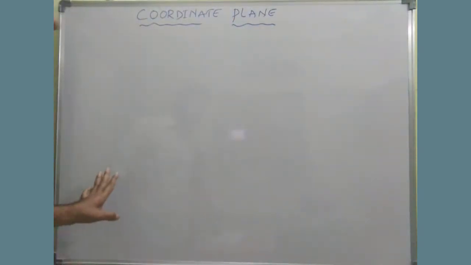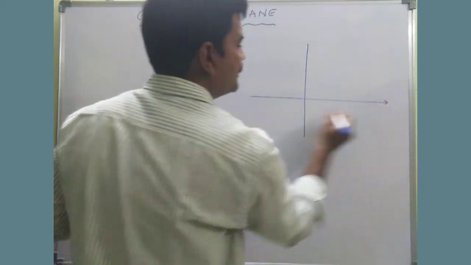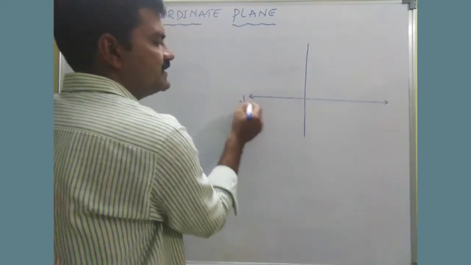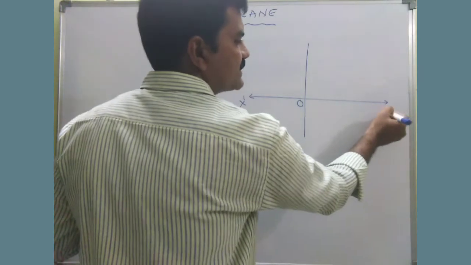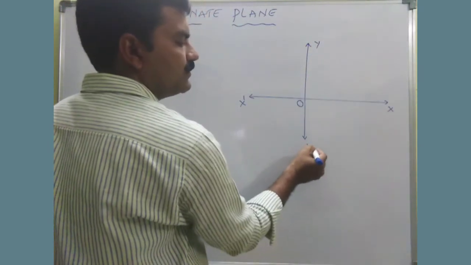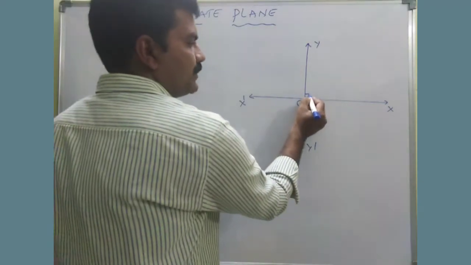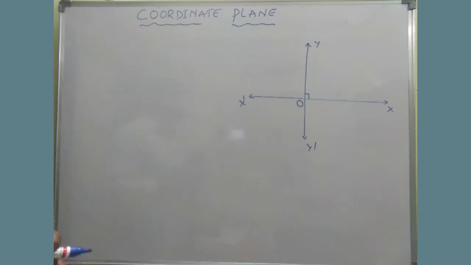See, once again draw the same diagram. Two mutually perpendicular lines, X'OX and Y'OY. Of course, these two are perpendicular to each other.